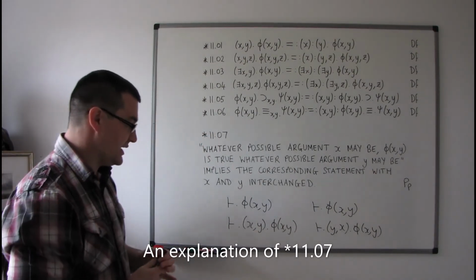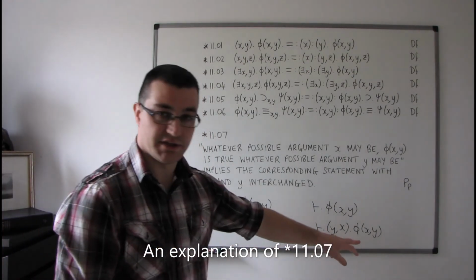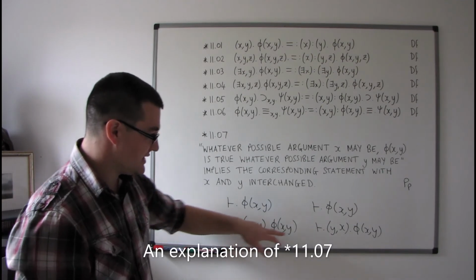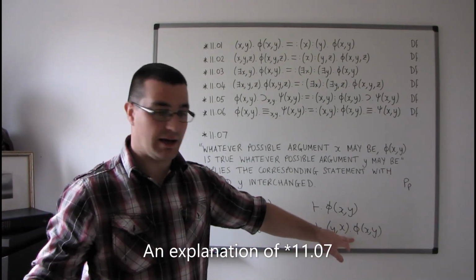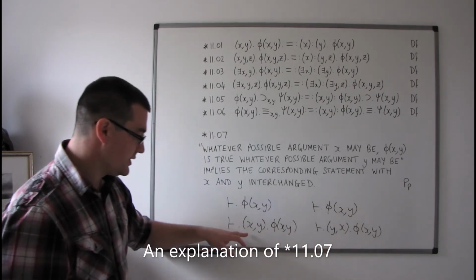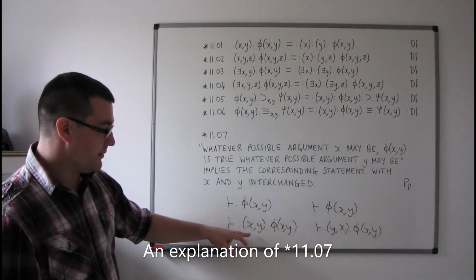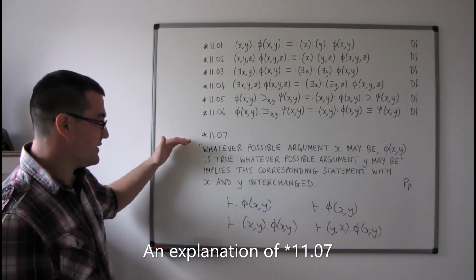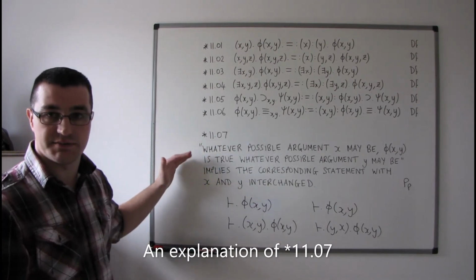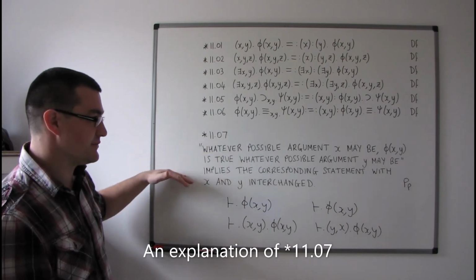Now that doesn't say that these are equivalent at this stage. It doesn't say that this is the same as this. That's for another proposition, another one that I'm going to mention as we go through. But that just sorts out, to a certain extent, at least in my mind, what the significance of this particular primitive proposition is.